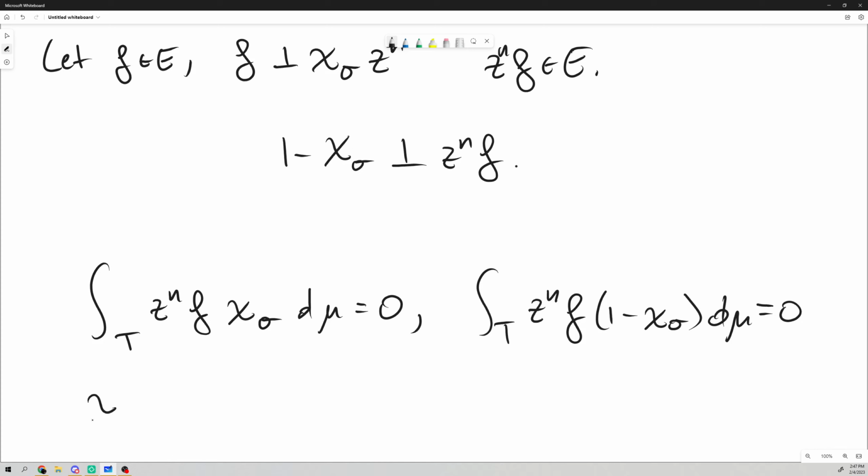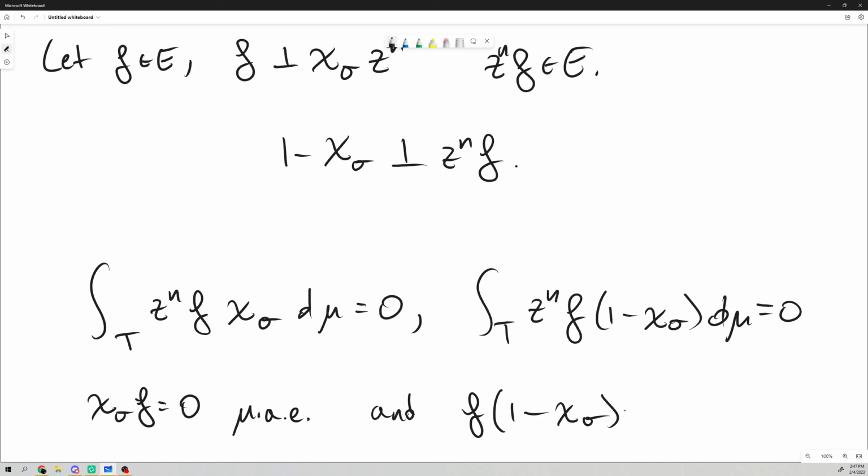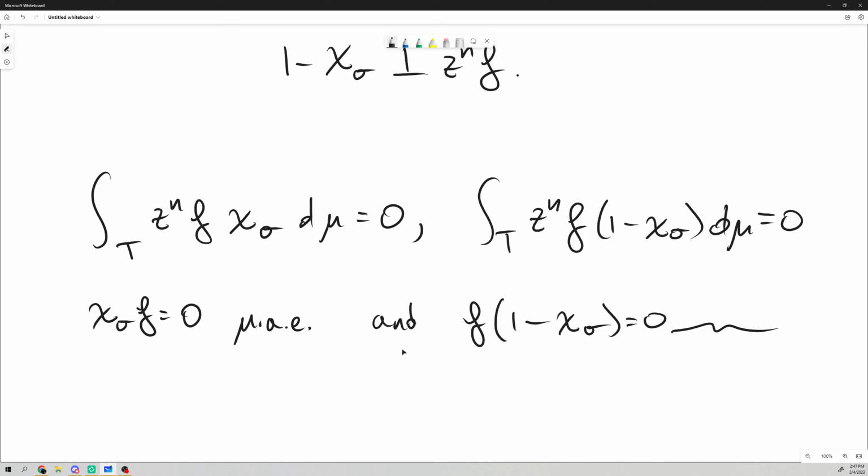And so we get that chi sigma f is equal to 0 mu almost everywhere, and f times 1 minus chi sigma is equal to 0. Same thing. Okay. So because of this fact, we actually get that f is equal to 0 mu almost everywhere.